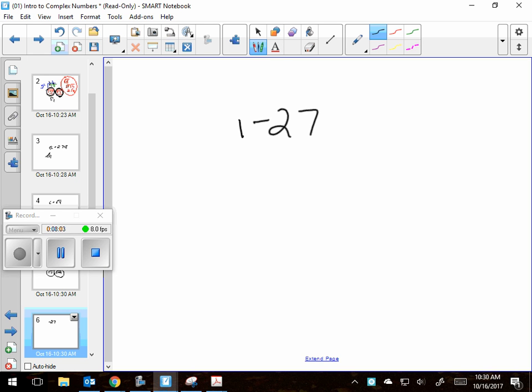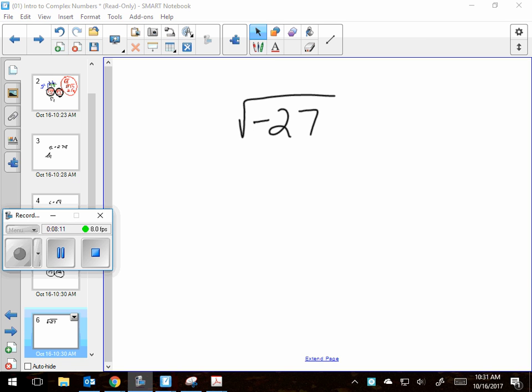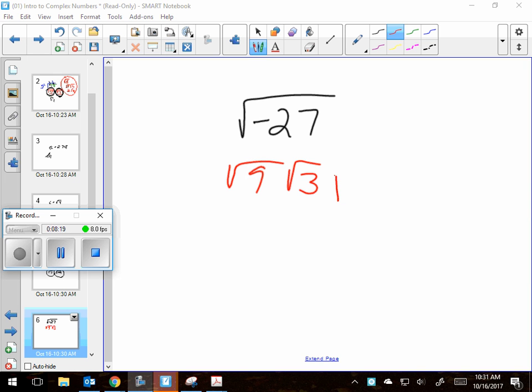All right, try this one. Square root of -27. Simplify it down as far as you can. I will pause for a second while you try that. Did you say square root of 9, square root of 3, and the square root of -1? It doesn't matter what order, but those would be the logical ones to use. Because root 9 is actually 3.